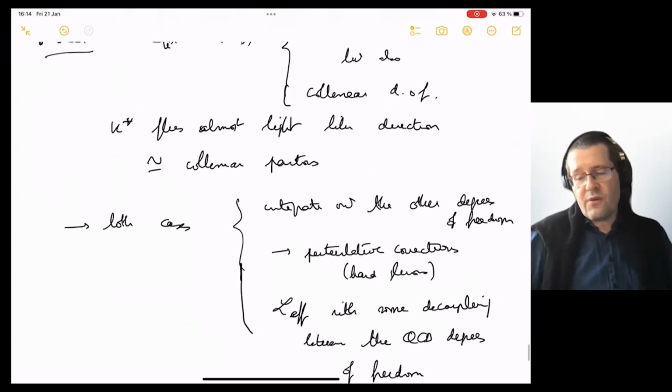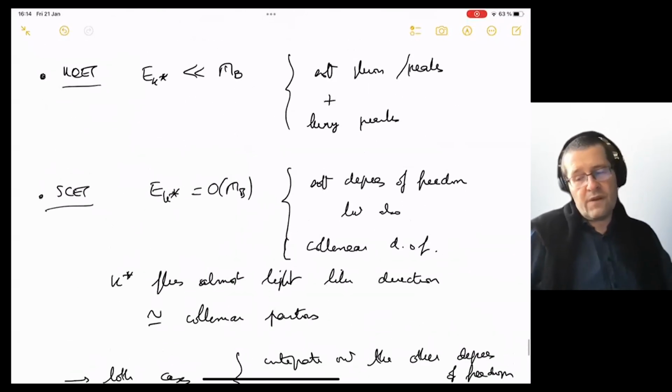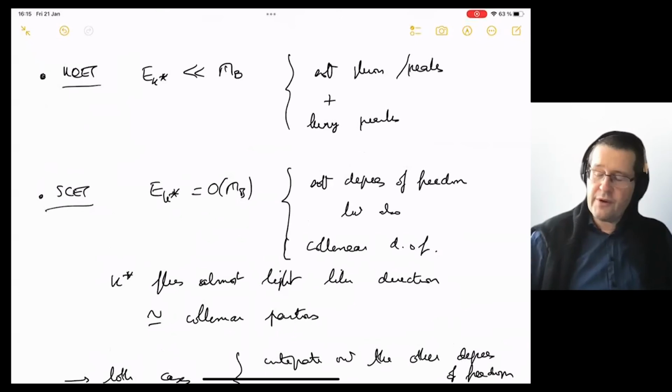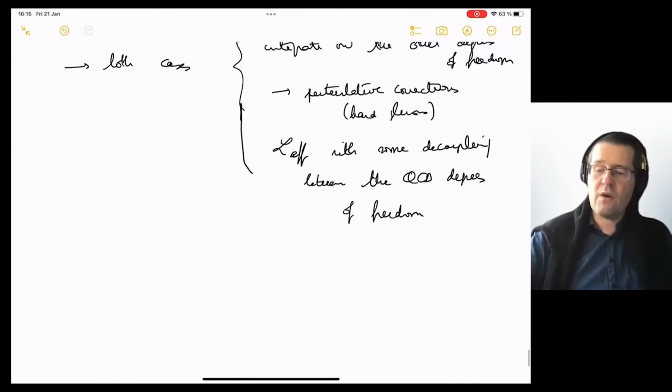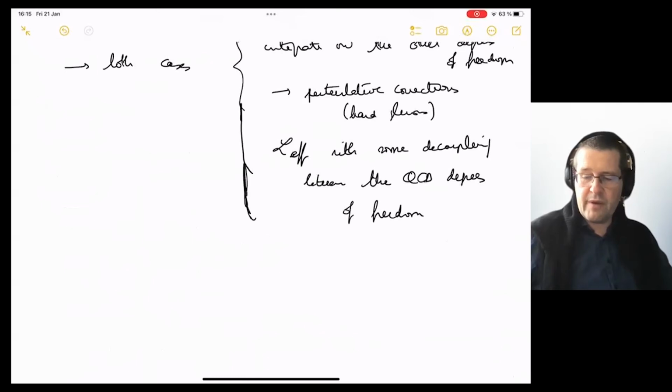Typically, that's what we saw concerning the HQET case, because the spin degree of freedom of the heavy quark is not playing a role anymore once you've integrated out all the hard gluons, and what remains are only soft gluons that don't care about the spin of the heavy quark, the heavy source of color of the B meson.